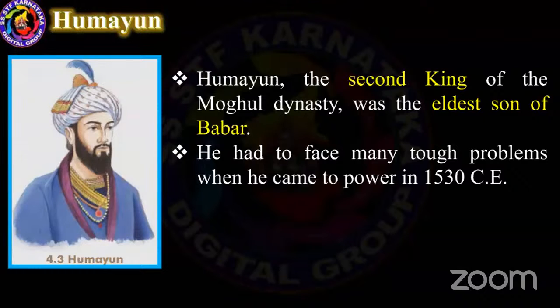During his childhood also he faced a lot of problems because his father was wandering from one place to another to get success. Because of that, Humayun also wandered and didn't get a proper education. Even so, after the death of his father, he became the ruler of the Mughal dynasty in 1530.